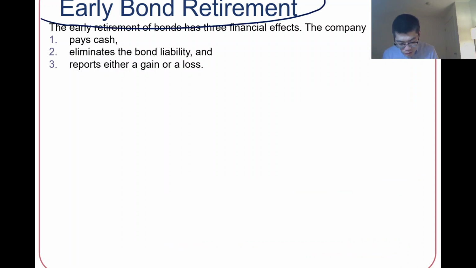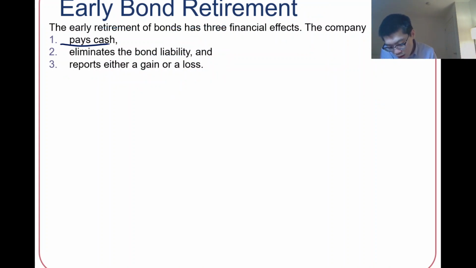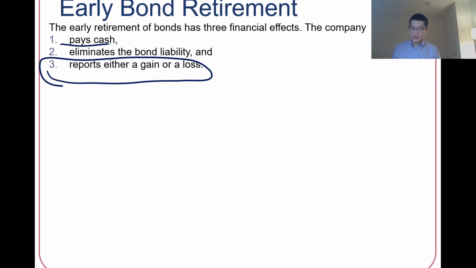And early bond retirement. Early bond retirements have three financial effects. The company pays cash, eliminates bond liabilities, and reports either a gain or a loss. I think the last one, number 3, is more important than the other two, right? So why will companies retire the bonds earlier than the promised date?